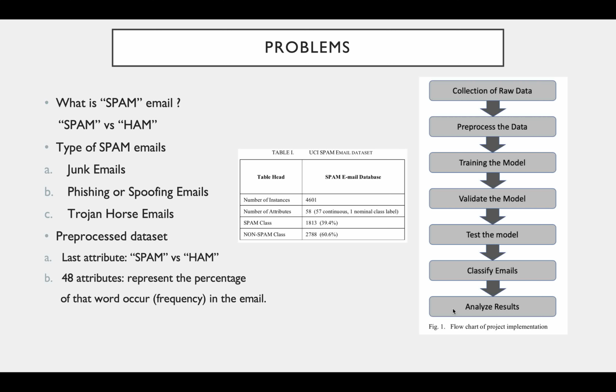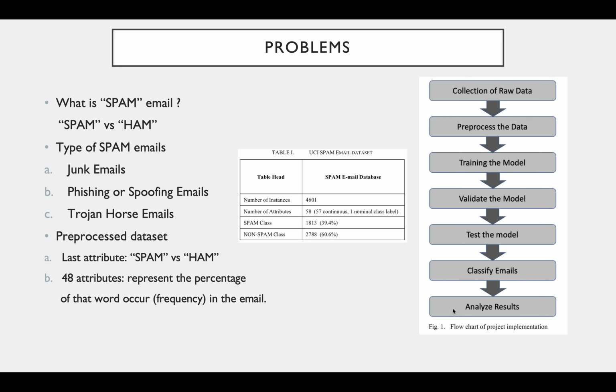And third, the Trojan horse emails. These kinds of emails may contain a virus that, when you click it, when you open it, your computer may crash. So in order to get the solutions, you need to pay for them.